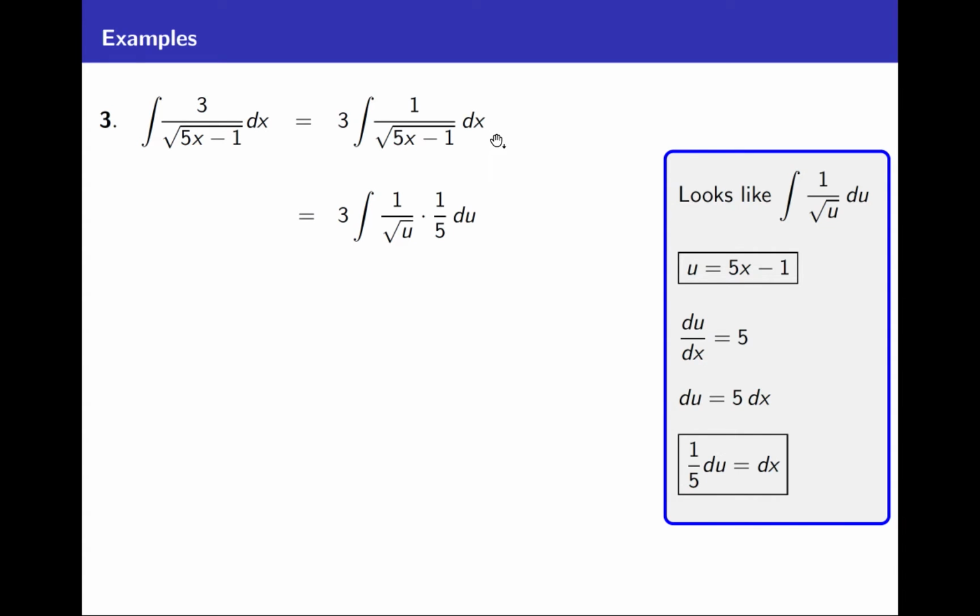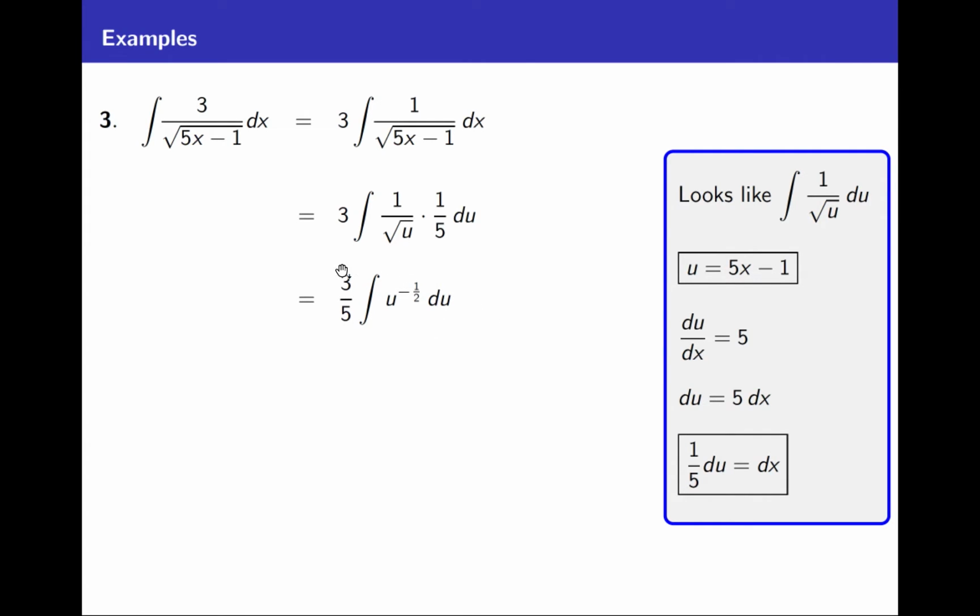So making those substitutions, this integral becomes 3 times the integral of 1 over root u times 1/5 du. And let's take that constant of 1/5 to the outside. And the 1 over square root of u, let's write that as a power, u to the power of minus 1/2.